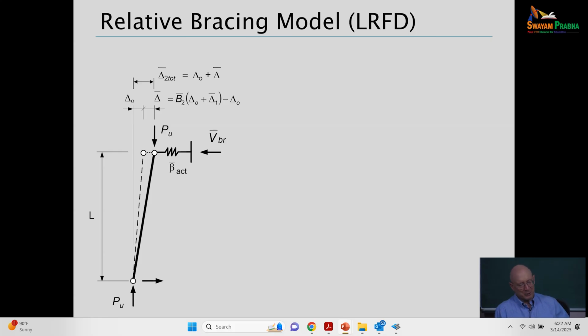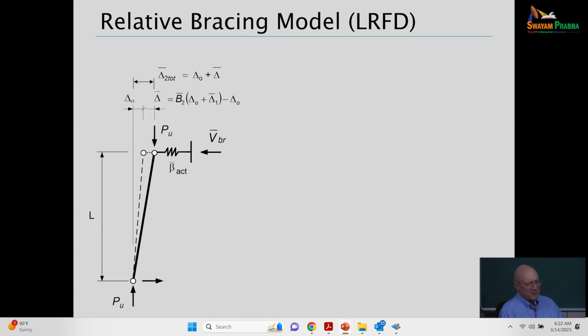But theoretically, if it's perfectly plumb, concentrically loaded, the column would buckle just as a simply supported column between the two ends. And so I'm never seeing anything that would suggest any brace force.